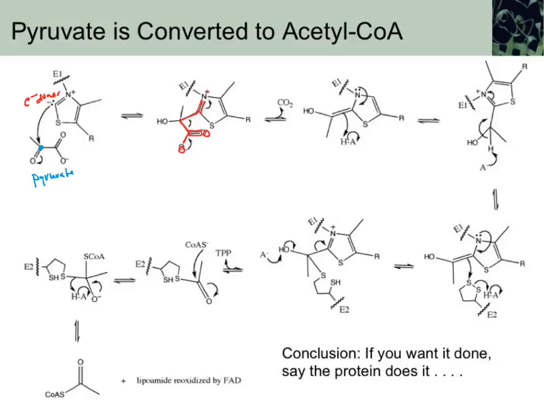I'm going to make that nitrogen and oxygen here temporarily. What do we have? We have not only just alpha, and it's not necessarily alpha beta unsaturated, it's that beta keto acid.